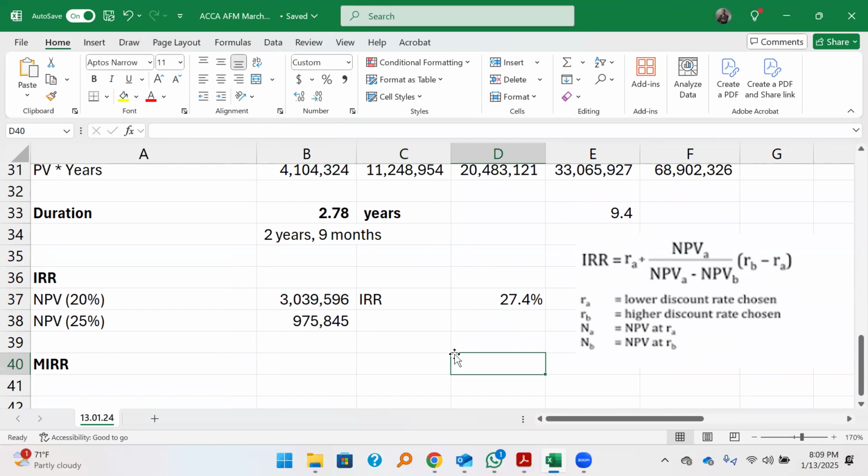Now, if I change this one to 25 and this one to 30, I'm going to get very close to this one because now I know where it is. Okay, but what I want to tell you is that in the exam, you don't have to get two figures that are so close to that positive and negative to get the answer.